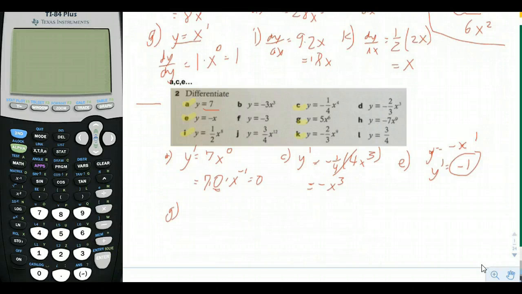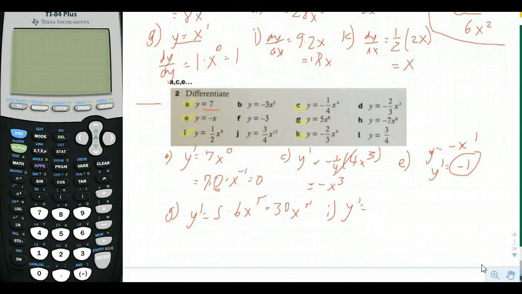G, y equals 5x to the 6th. It's going to be 5 times 6x to the 5th, which is 30x to the 5th. I, y equals 1/2 x to the 8th.